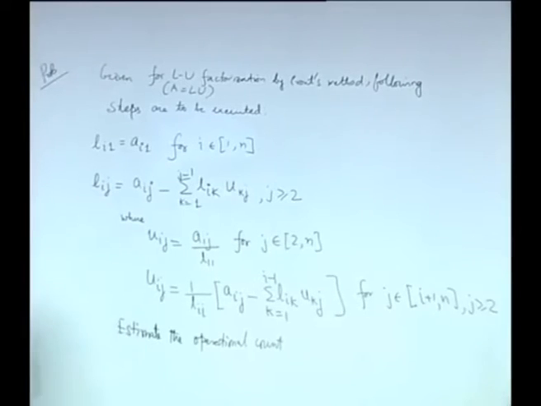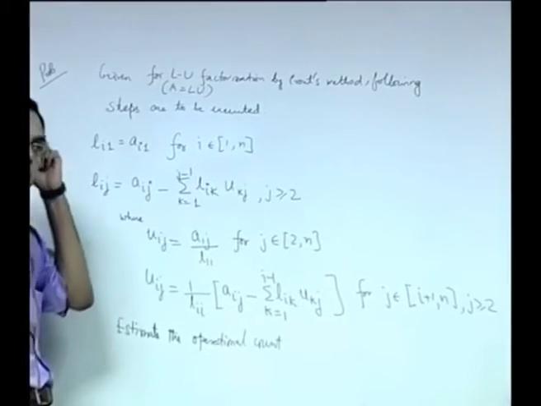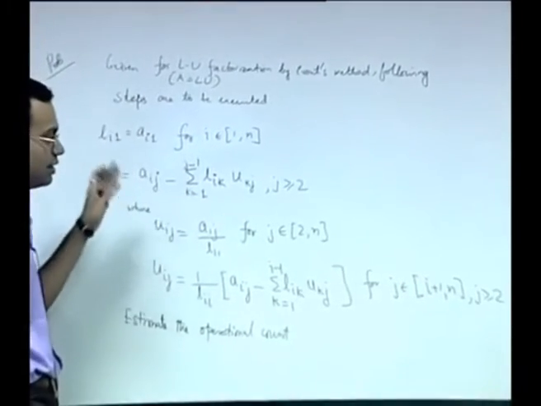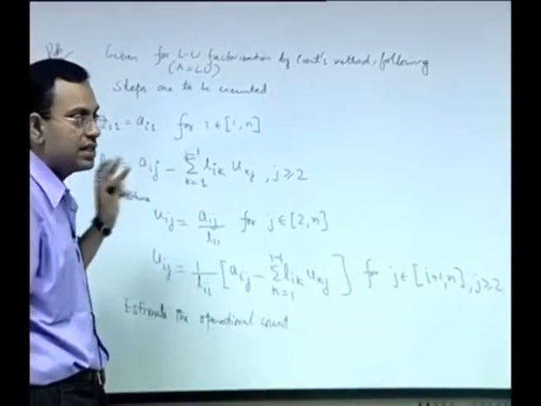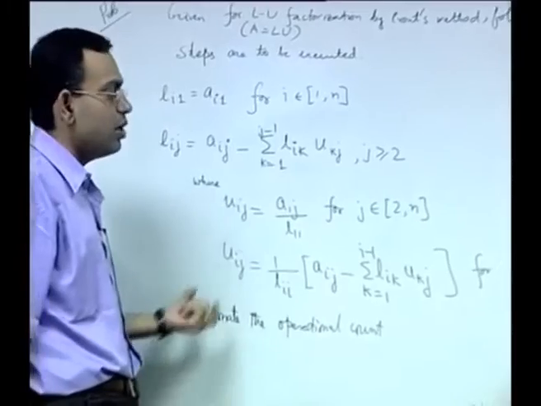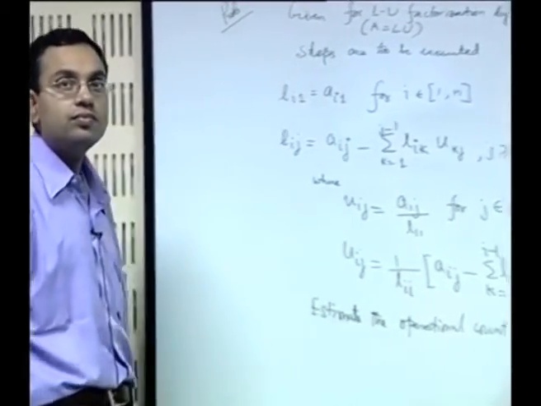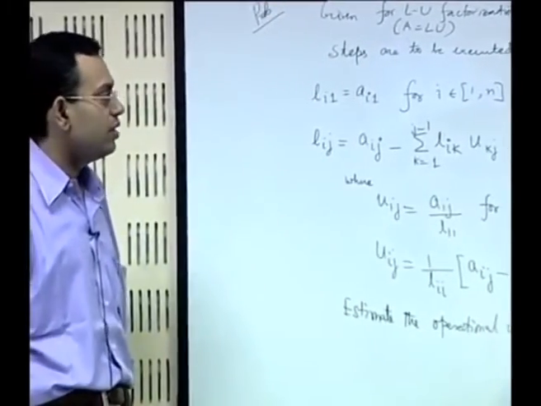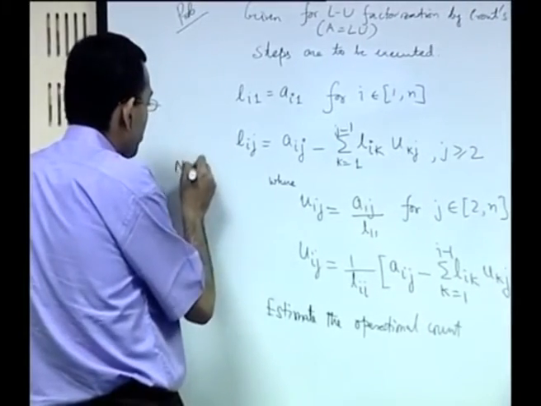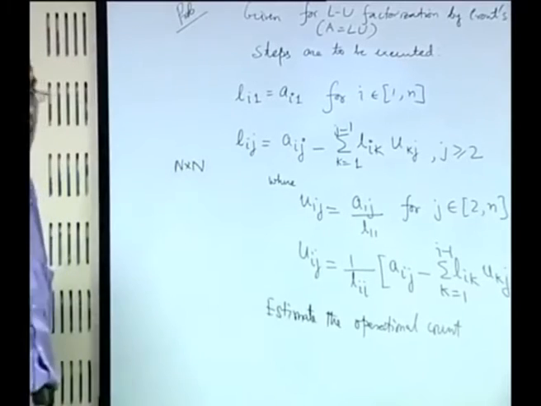So, some components of L and some components of U you are calculating simultaneously. Now, what is the order in which you calculate, that is what I leave to you as an exercise, but what we intend to find out from here is the operational count. So, if A has a size of n by n, then what is the operational count of this one.